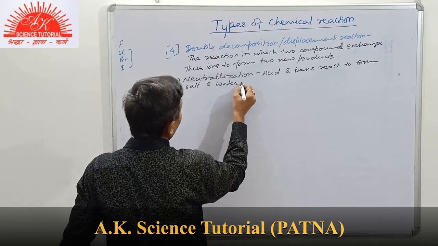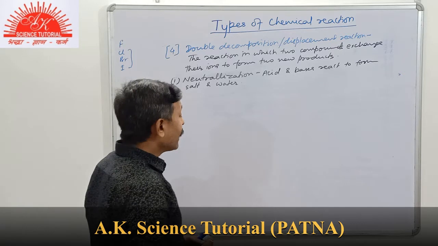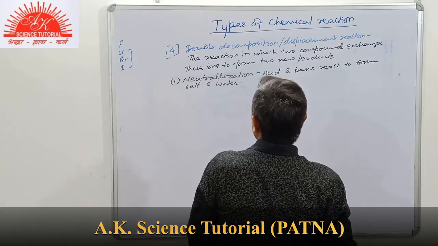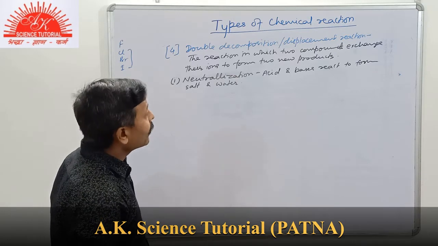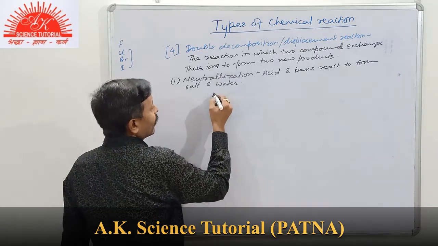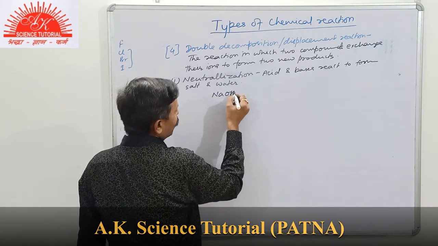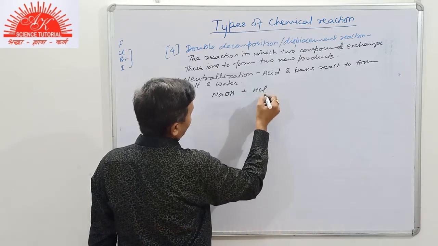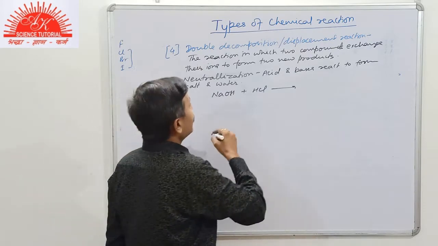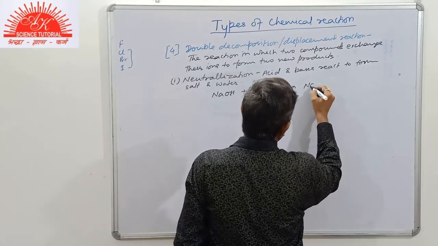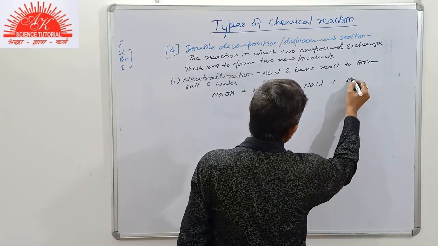So neutralization reaction is a special type of double decomposition reaction. Like you see, suppose we write NaOH plus HCl. Now the ions are exchanged. As a result, it gives us NaCl plus H2O.